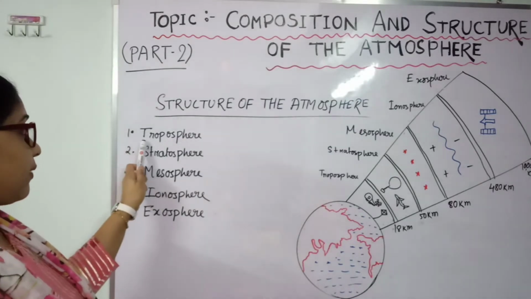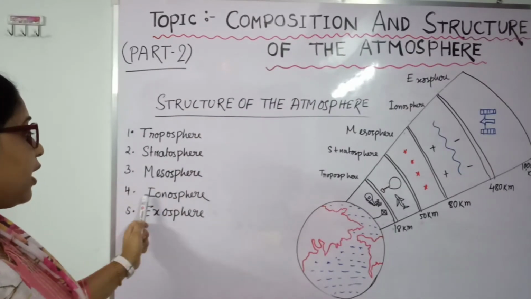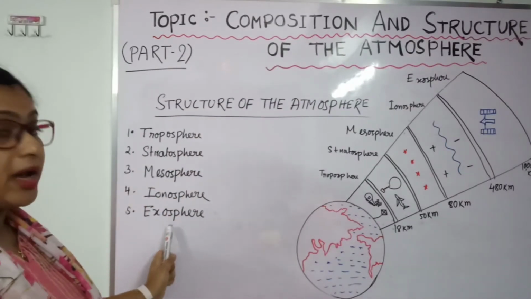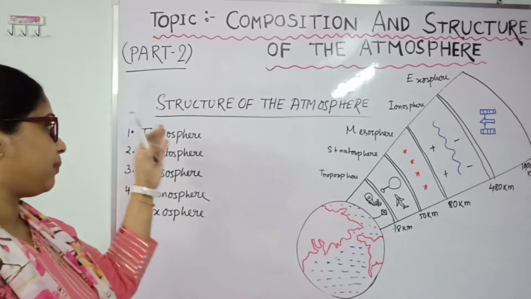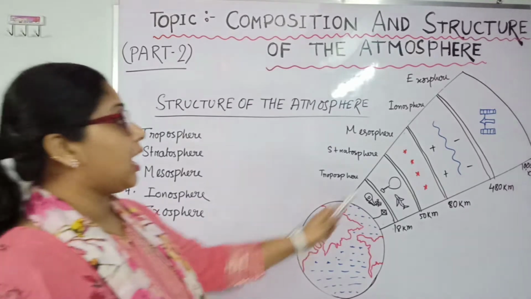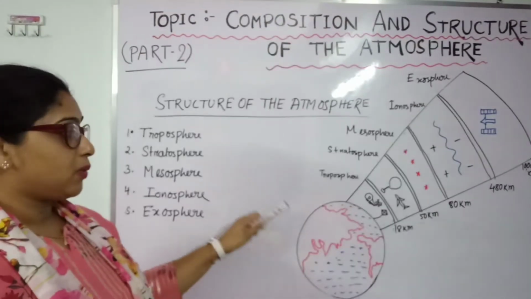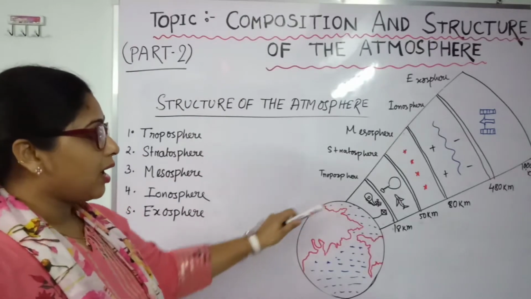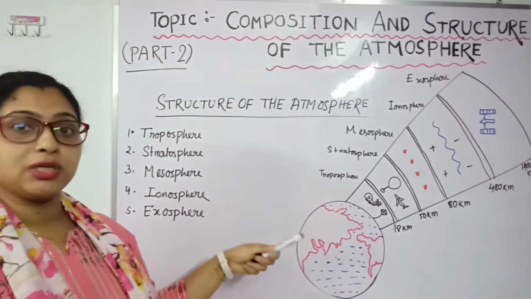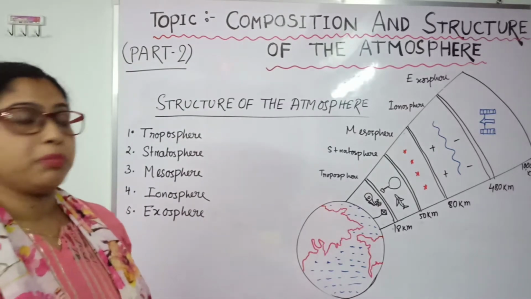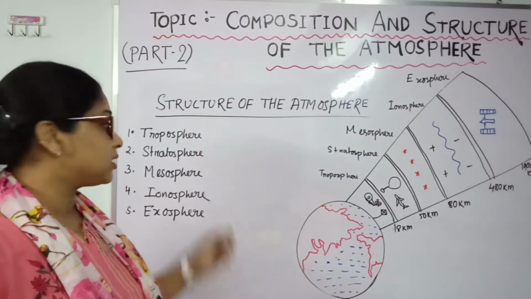Now I will discuss the troposphere, stratosphere, mesosphere, ionosphere and exosphere, and their characteristics and features. I have already drawn this structure. You can see from this art, according to height, how all the layers have special features. So be with me to know the characteristics of these layers.